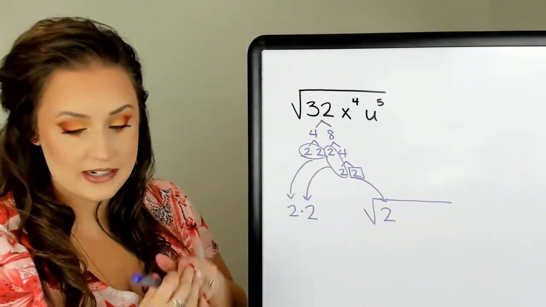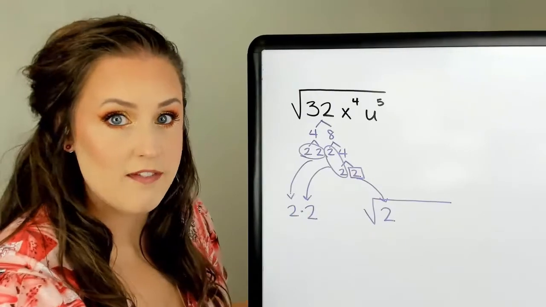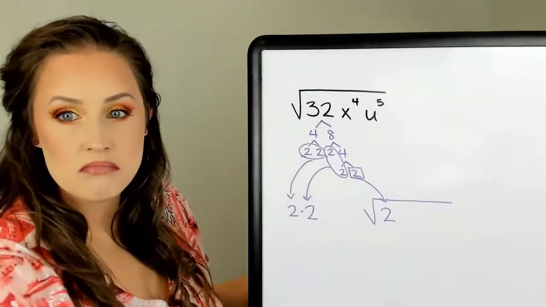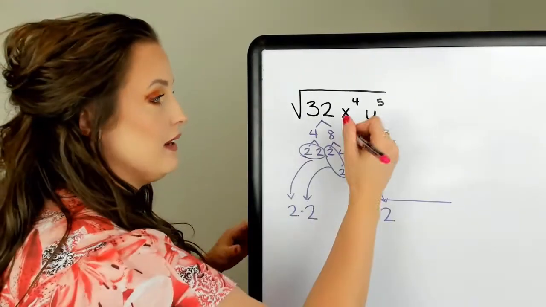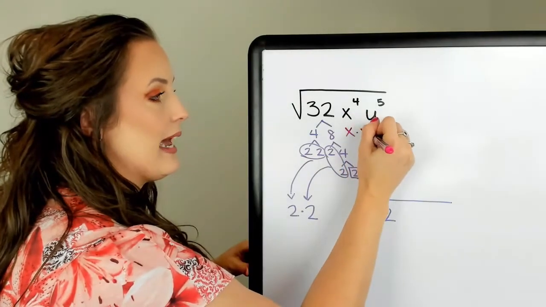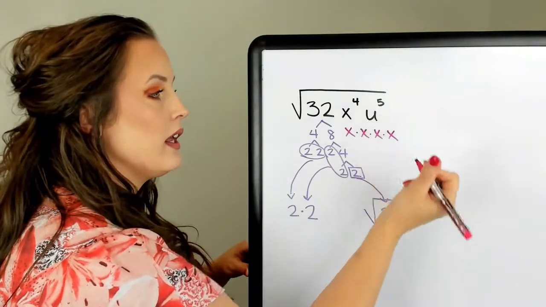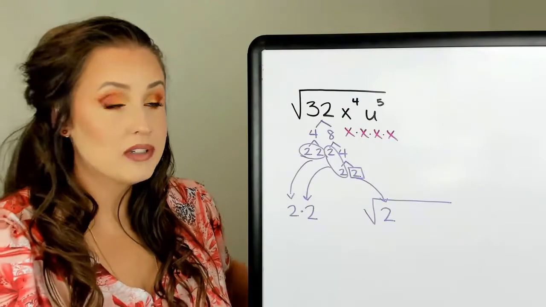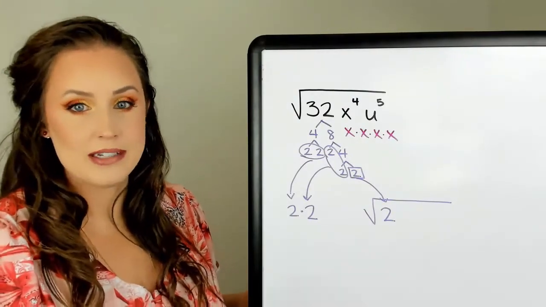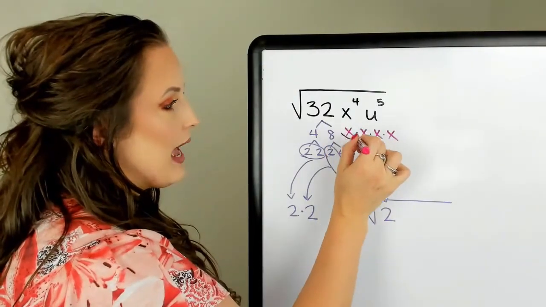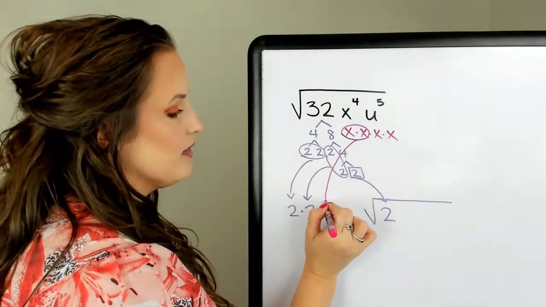So let's move on to the x's. Now you can do the same thing. You can write a factor tree, or you can just write out what x to the 4th means, which is x times x times x times x. So then just like I did with the numbers, I'm going to look for pairs, and every pair gets to leave. So x and x pairs up and leaves.